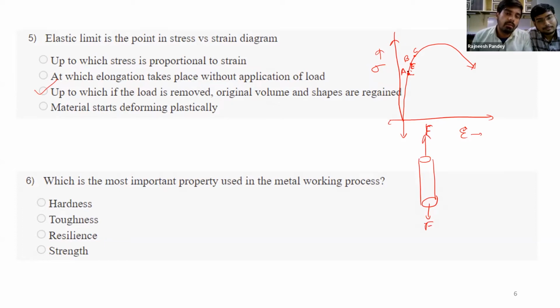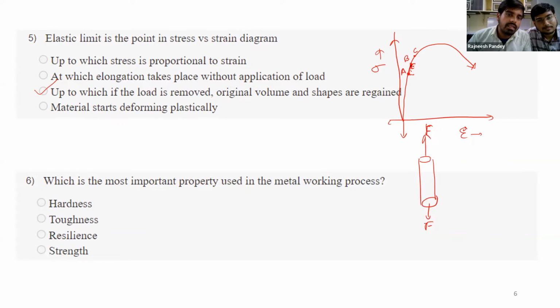First, at point A, what happens? Up to point A, the material will follow Hooke's law, where linearity is followed, meaning the stress is proportional to strain. After that, linearity is not followed anymore.